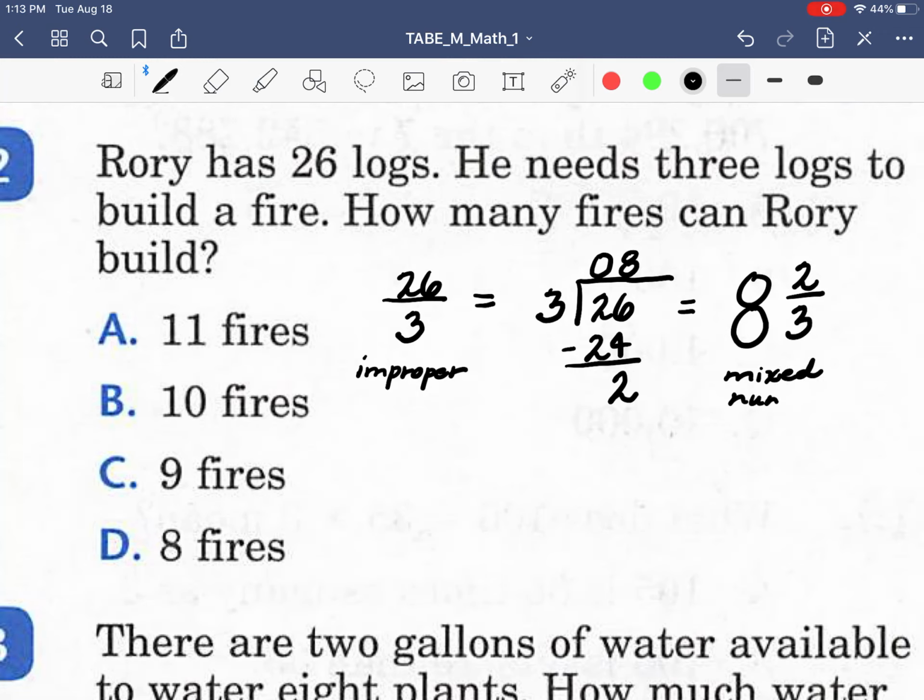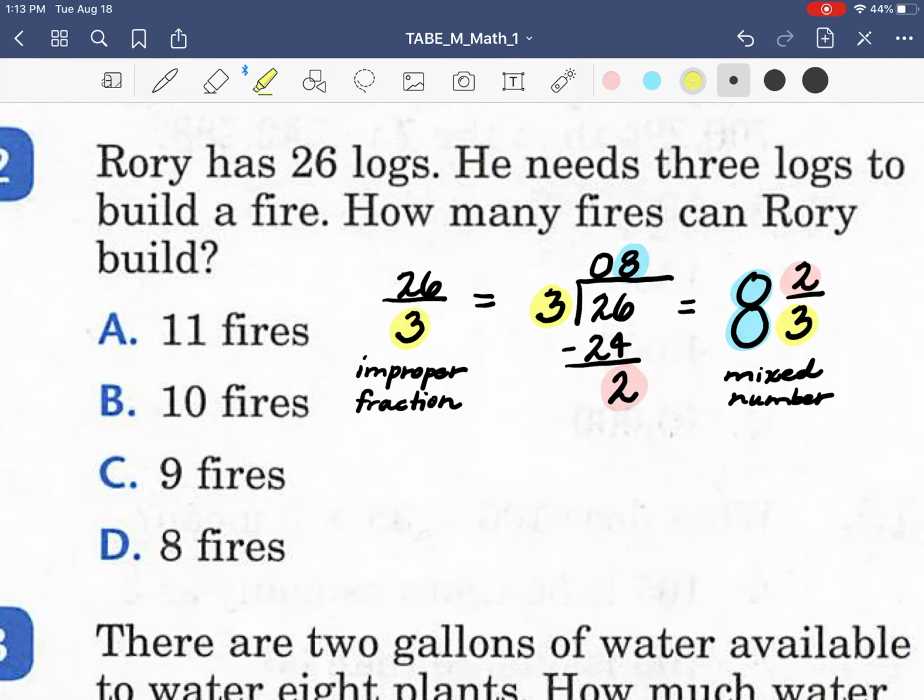This is the mixed number that equals that improper fraction. They all are equal here. Let me help you understand where I'm getting these. The 8 is this number, the tall number. The remainder goes on top, and the divisor is your bottom number. It'll always match the bottom number of your improper fraction.